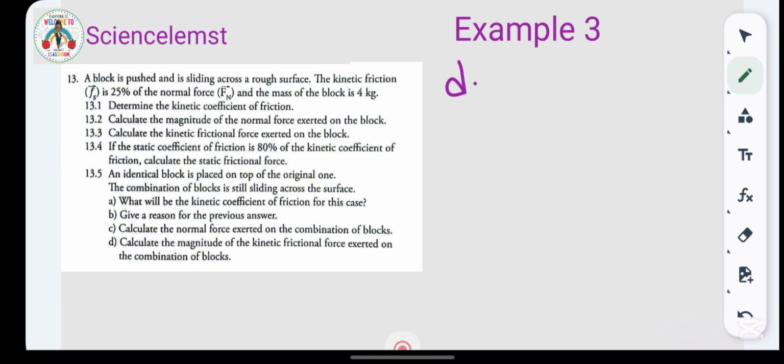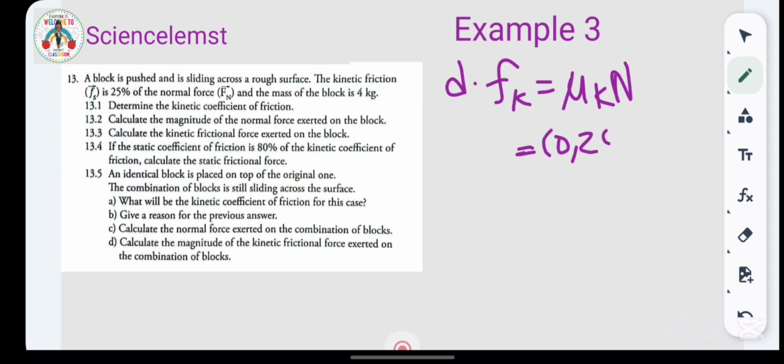D, calculate the magnitude of the kinetic frictional force exerted on the combination of the blocks. Okay, so Fk is equal to UK multiplied by the normal force. UK remains as 0.25 and N is now 78.4.